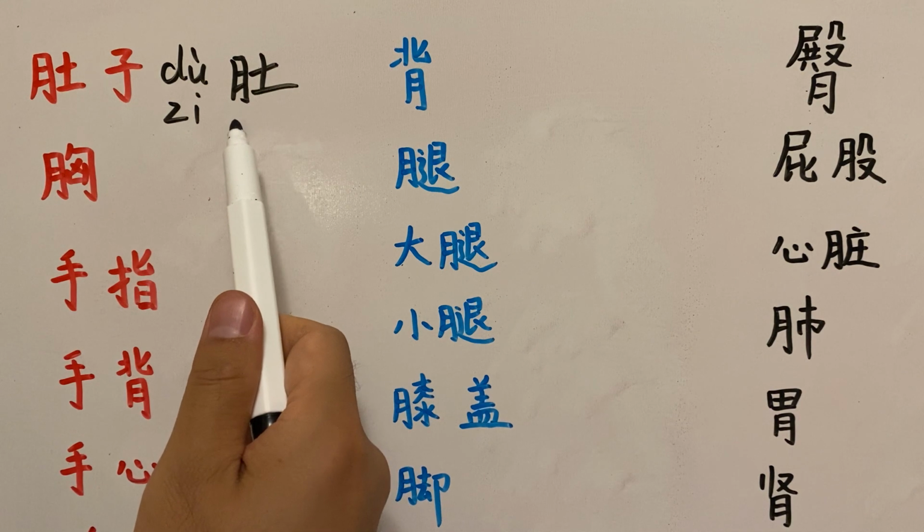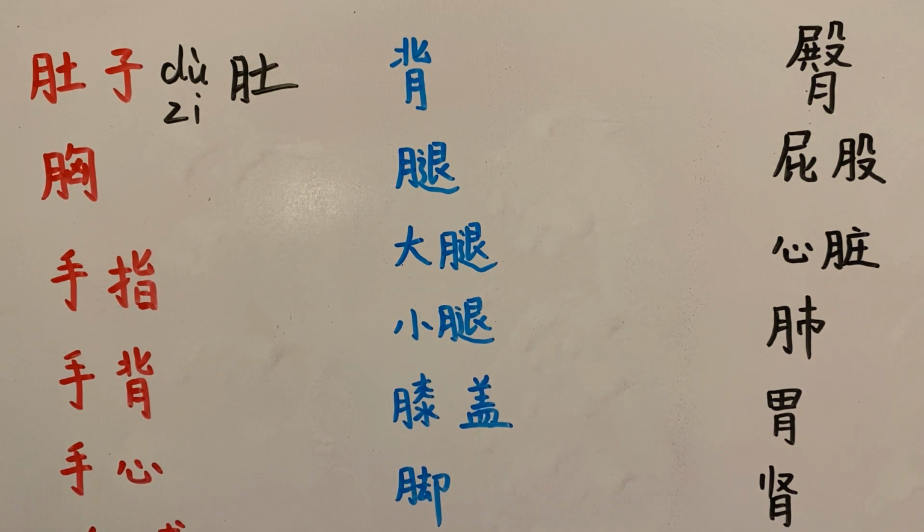The left part in Chinese is 月, which literally means the moon. But in ancient Chinese, this part, 月, also represents your body. 肚子, the first one, belly or tummy.